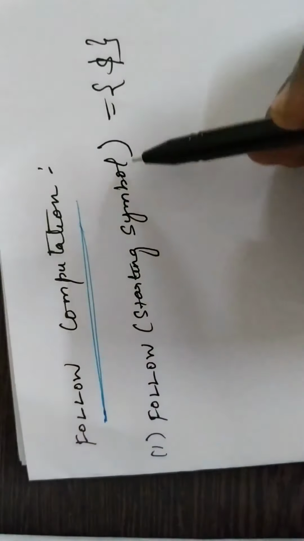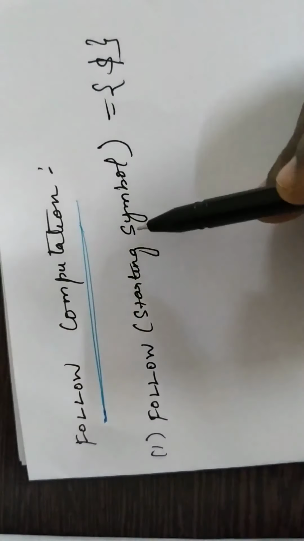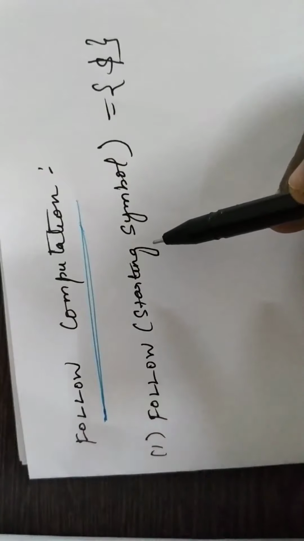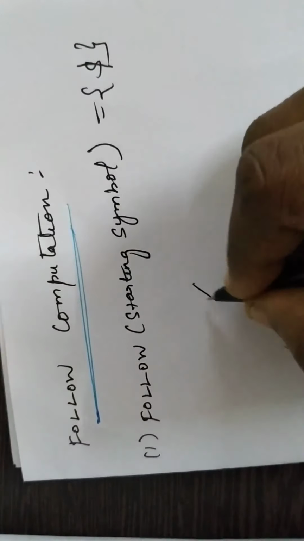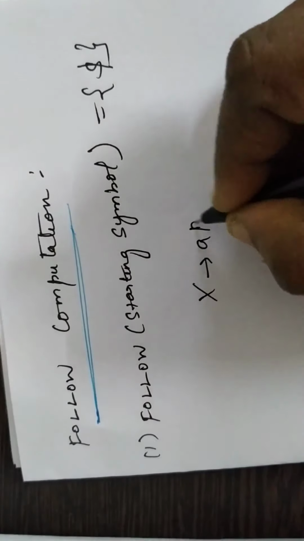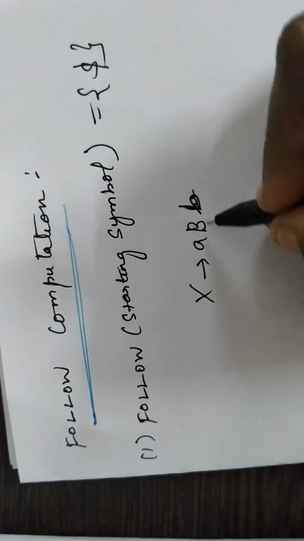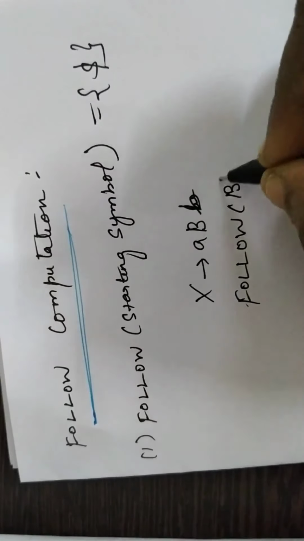Now we discuss follow computation. The rules for follow computation: follow means we have to check the right hand side of the productions. Who is following? For example, X tends to a B small b. What is follow of B?